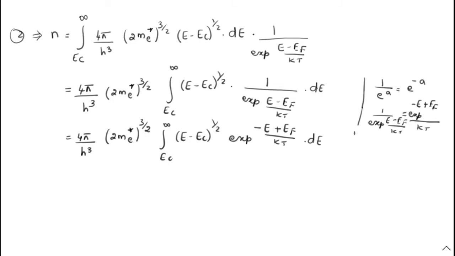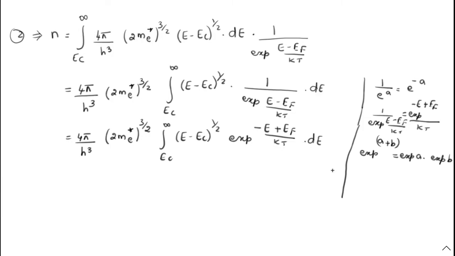Here I am going to use another equation: exponential of A plus B can be written as exponential of A into exponential of B. So we can write like this. Here A is nothing but minus E by KT, and B is nothing but EF by KT.